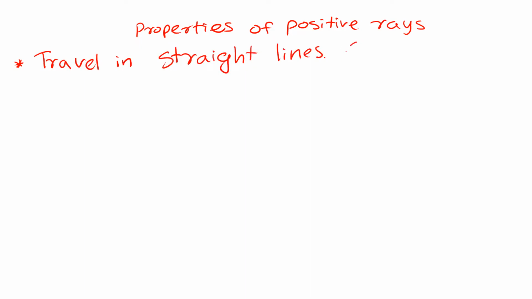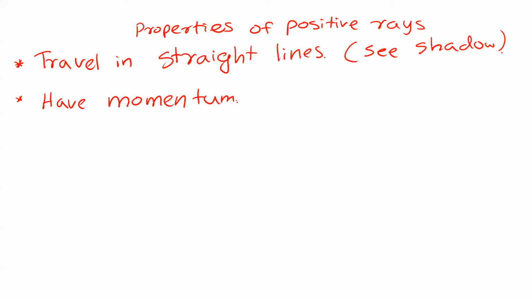Similar to cathode ray tubes, when they place an object in the path of these canal rays, or the positive rays, they could see a shadow, the shadow formation. And the positive rays also have momentum. Positive rays also have a mass and a kinetic energy.